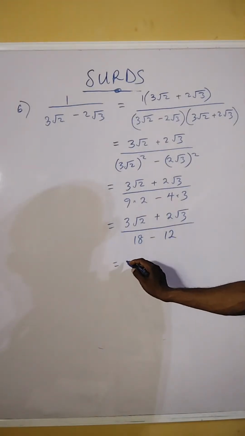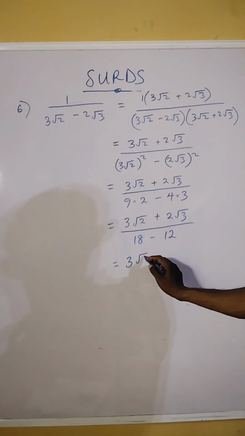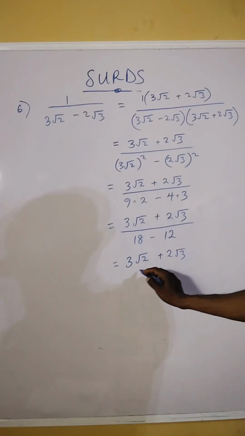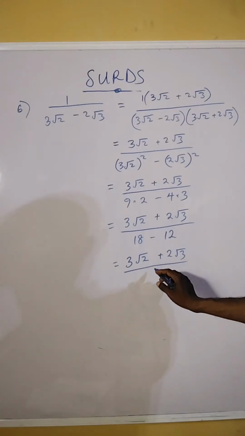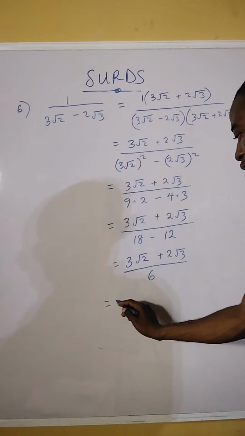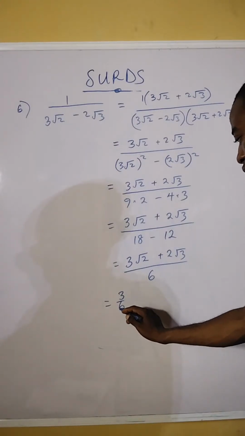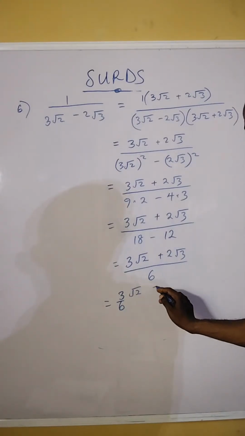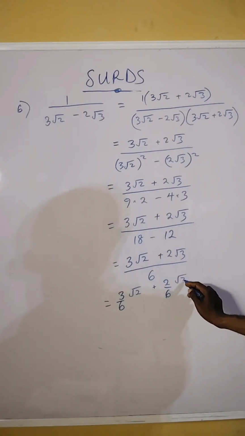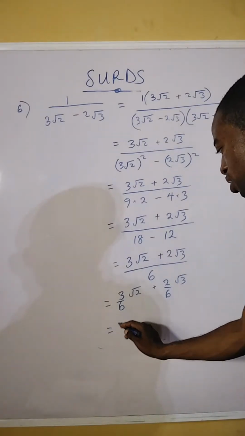That is, here we have 3 root 2 plus 2 root 3 divided by 18 minus 12, that's 6. And we can separate this as 3 over 6 root 2 plus 2 over 6 root 3. Now we reduce this here.